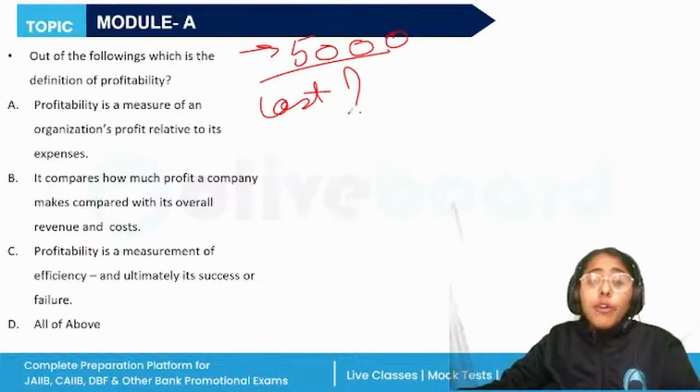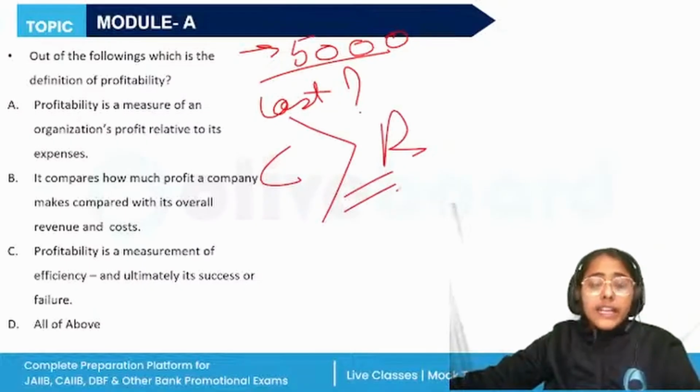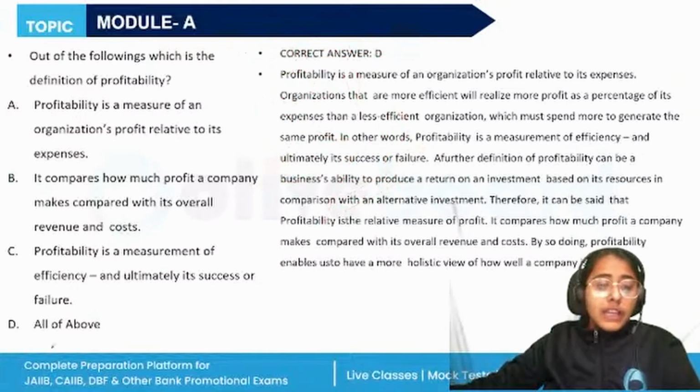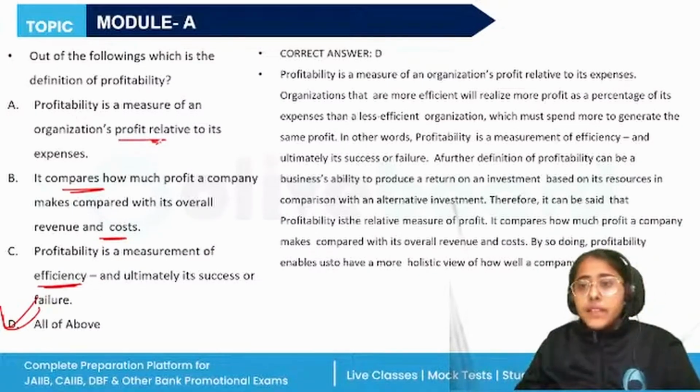It will not be a profitable business if my costs are more than my revenue or my profit. All right, so on the profitability definition, all of the above are correct. It is a measurement of efficiency. It compares how much profit a company makes compared with the revenue and costs. And it is a relative measure, right?